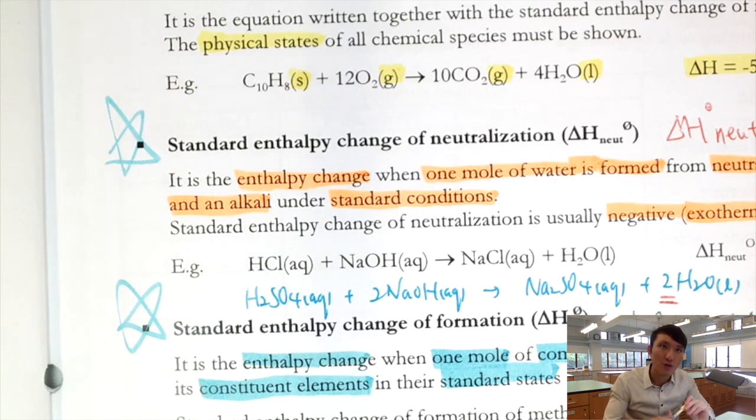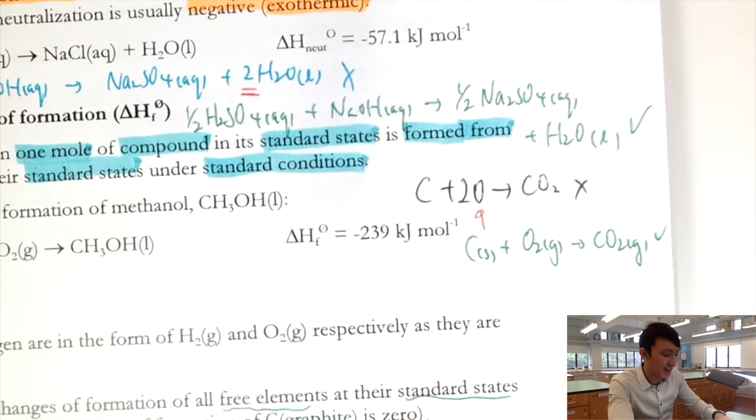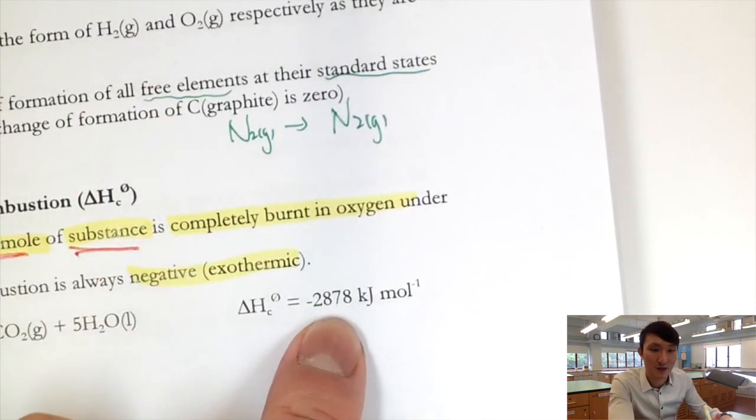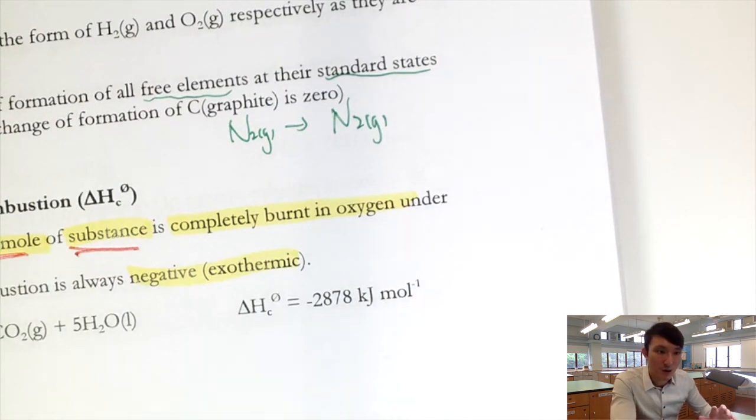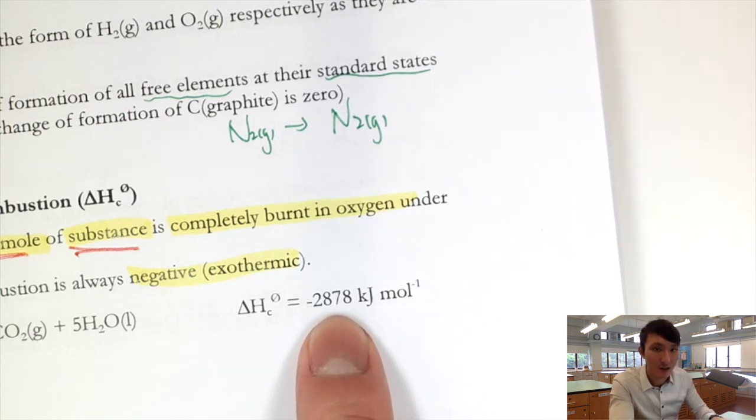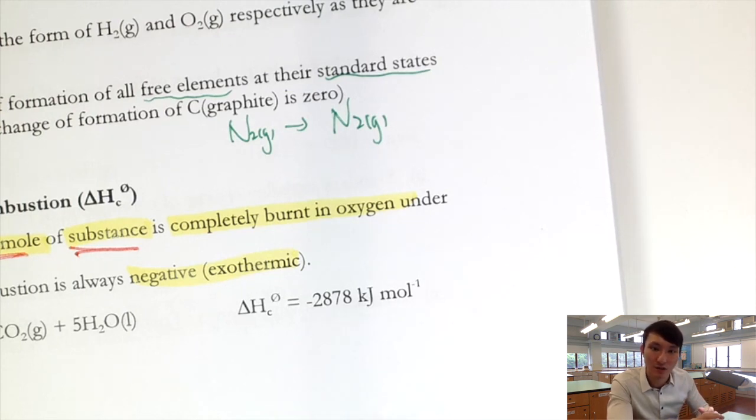Of course, the quantity of the chemical involved is important, because if we only know that it can produce negative 2,878 kilojoules, how much fuel do we need to release that kind of heat? So the quantity is important, and we need to specify the quantity for each enthalpy term.